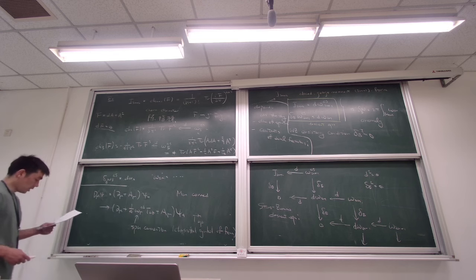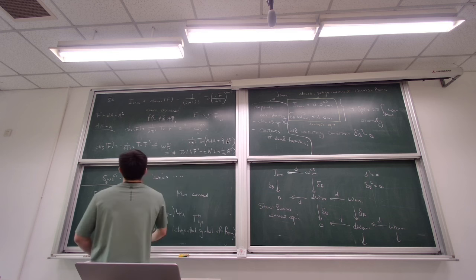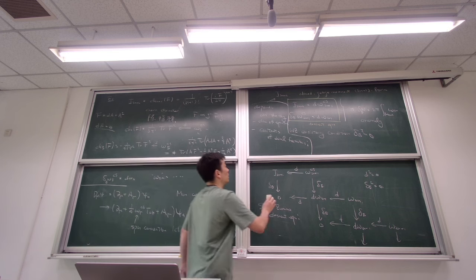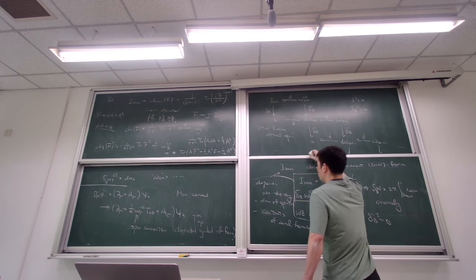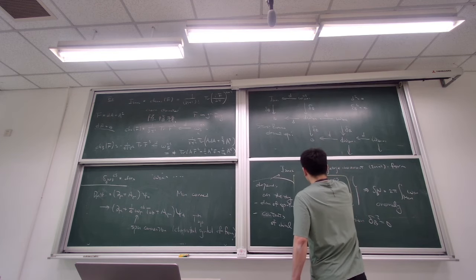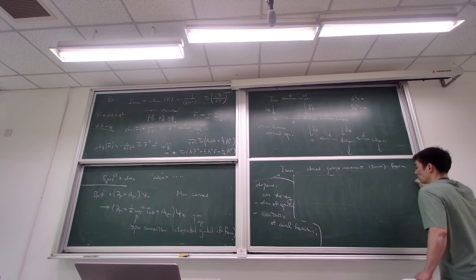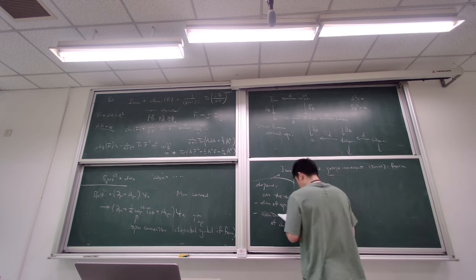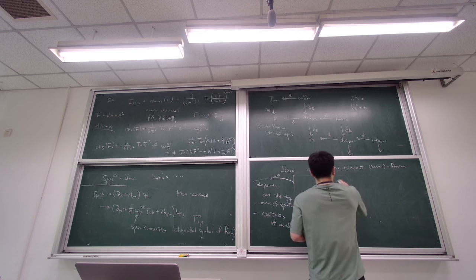So in this case, the anomaly I 2n plus 2 is as follows. I mentioned that this depends on the theory, and it's called the anomaly polynomial. The reason is as follows. I 2n plus 2 is some polynomial.